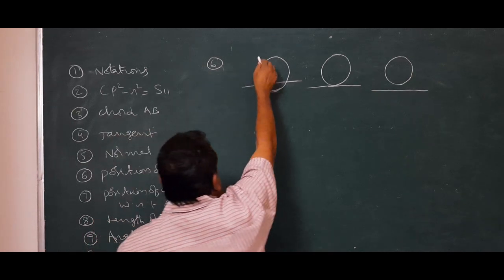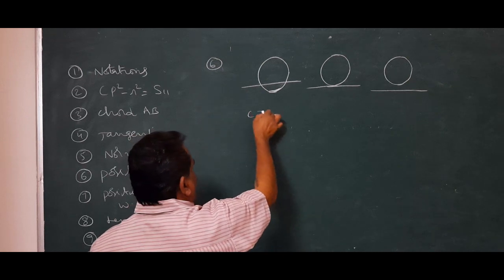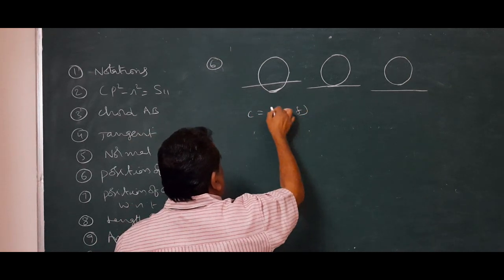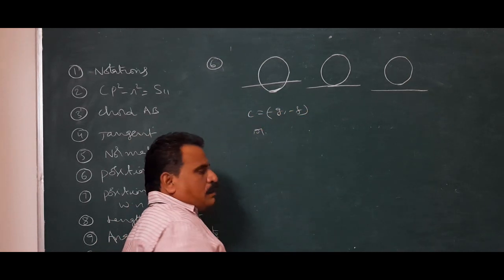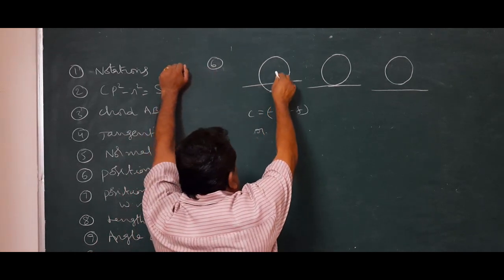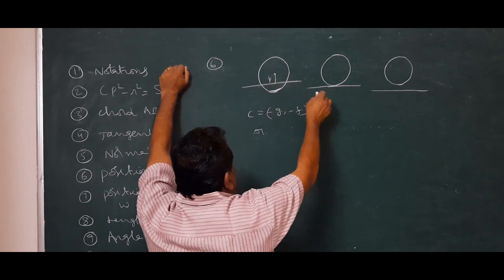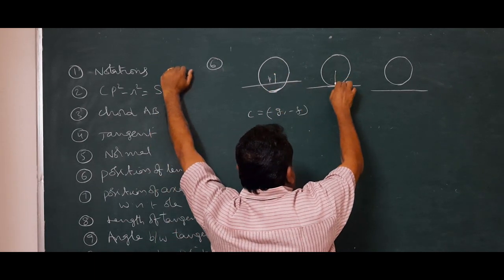From the circle, take the center (-g, -f) and radius r. The perpendicular distance from the center to the line is p.